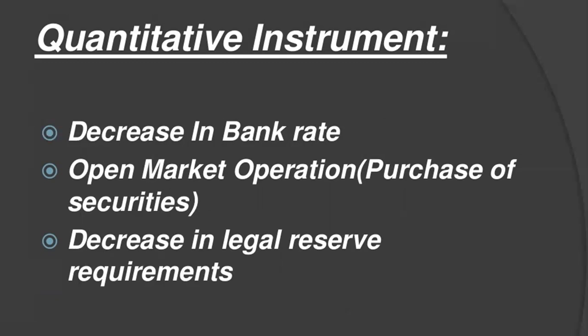Bank rate is the rate at which the central bank lends money to the commercial banks to meet their long-term needs. During deficient demand, the central bank reduces the bank rate in order to expand the credit. It leads to a fall in the market interest rate, which induces people to borrow more funds. Ultimately, the situation will be handled.